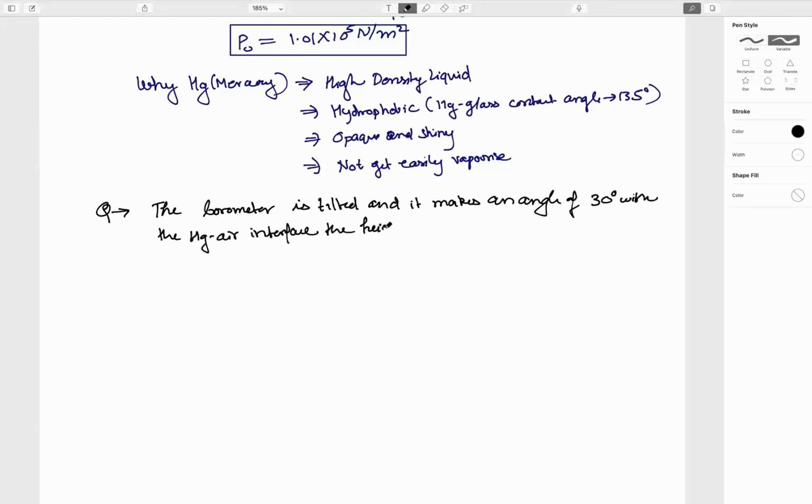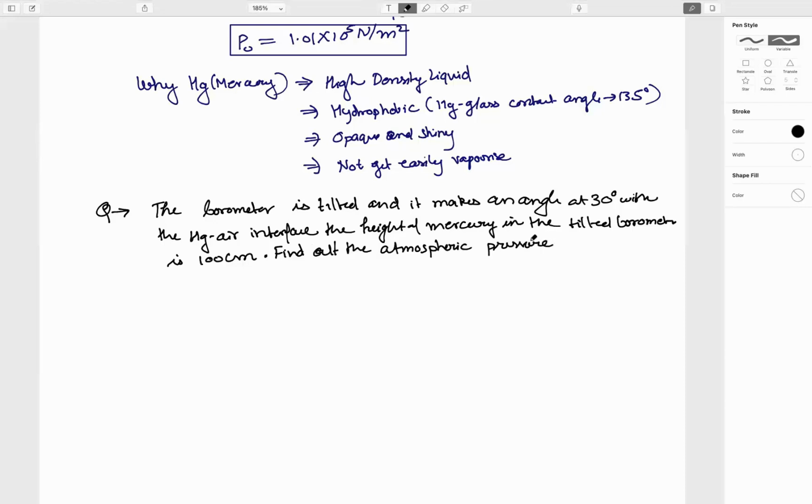The height of mercury in the tilted barometer is 100 centimeter. Find out the atmospheric pressure.